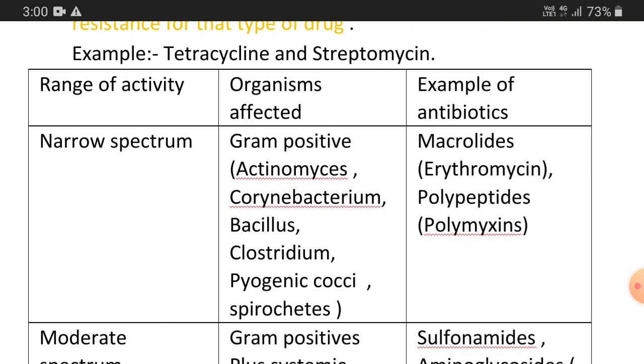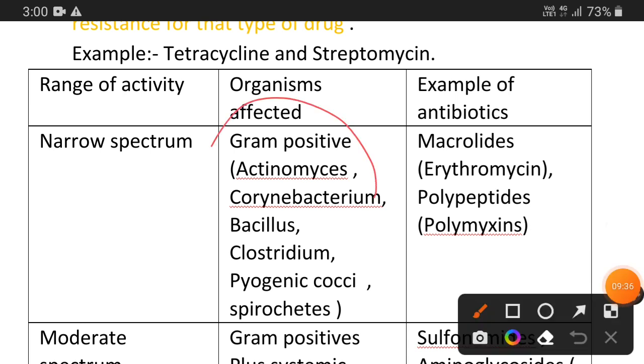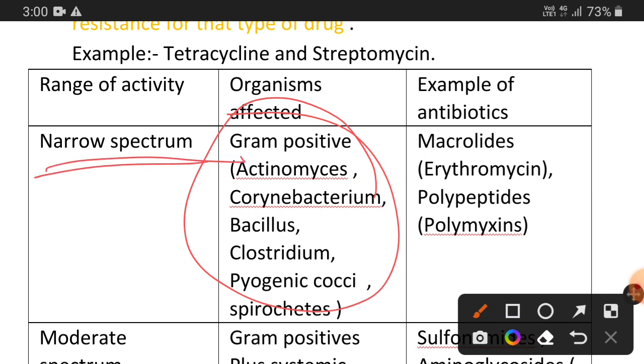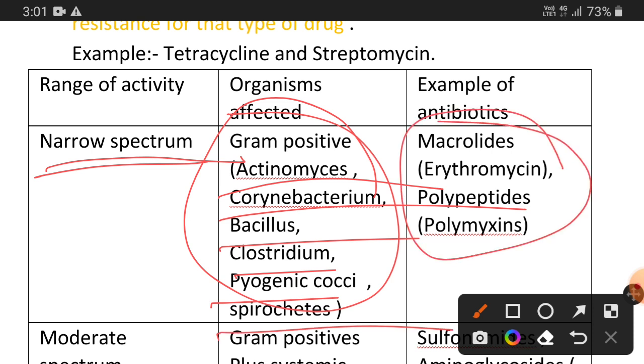Narrow spectrum, for example, is effective only against gram positive bacteria, or let's say only against gram negative bacteria, and will be considered a narrow spectrum antibiotic. It can be used for actinomycin, corynebacterium, bacillus, clostridia, pyogenic cocci, and spirochete infections. Examples of those antibiotics are macrolides, which are 50S inhibitors.